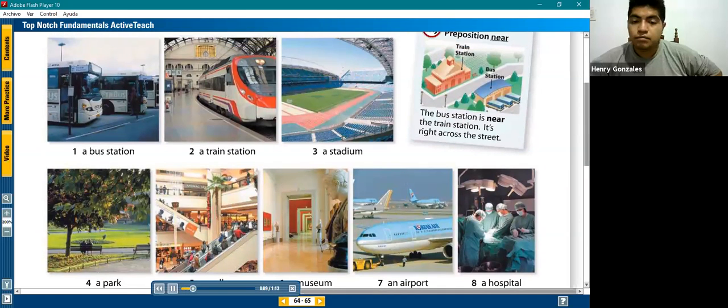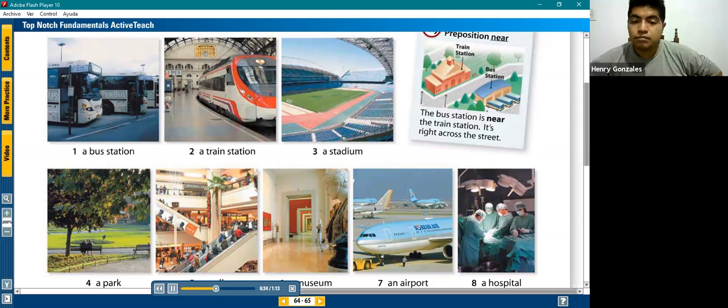Read and listen. 1, A bus station. 2, A train station. 3, A stadium. 4, A park. 5, A mall. 6, A museum. 7, An airport. 8. A hospital.